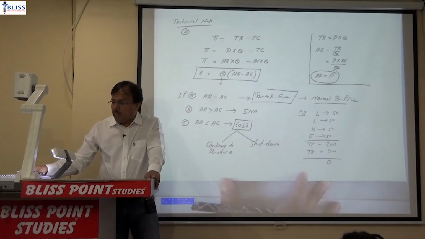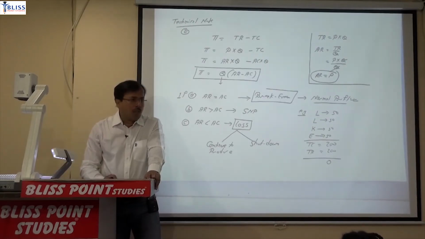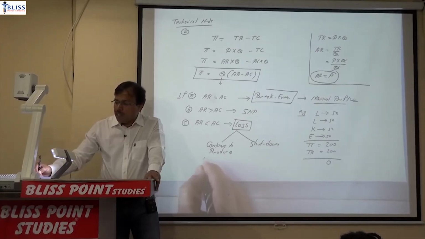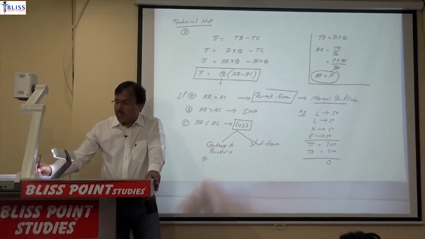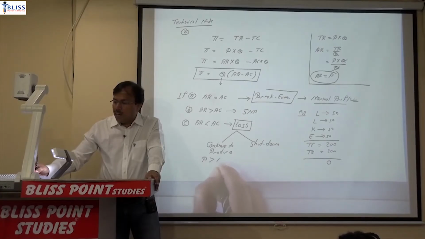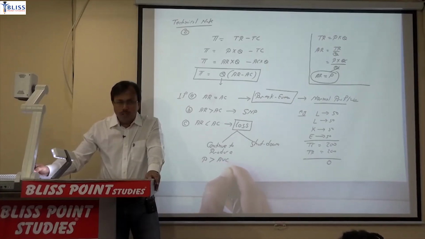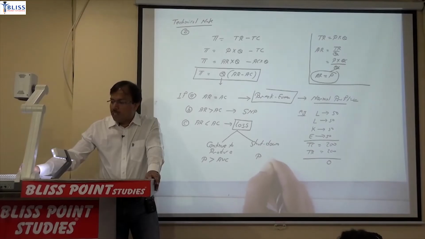Now when the firm will continue to operate despite loss and when the firm will shut down, that depends upon whether price is greater than average variable cost or whether price is less than average variable cost.